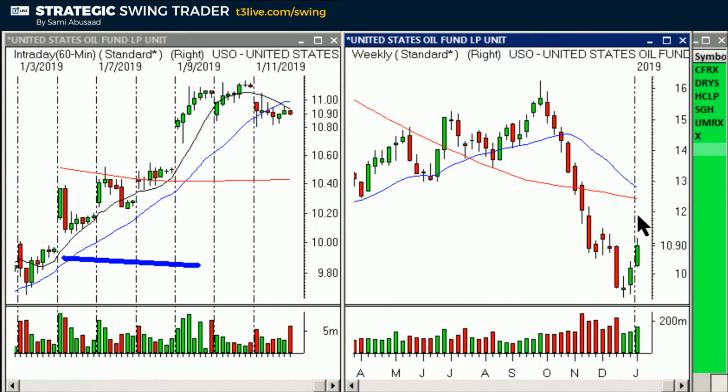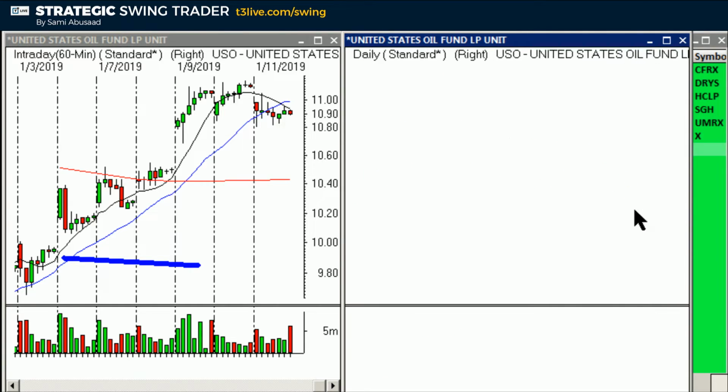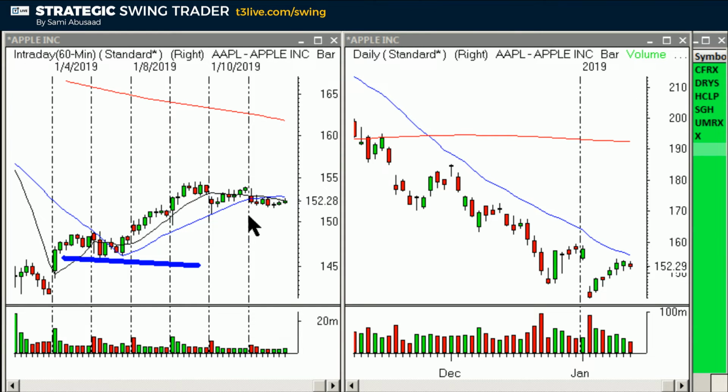Now that's not a lot more, that's another $1, but I'm also going to live through a pullback and hope that it doesn't break and then it puts in a higher low and moves back up, especially since it's above the 20. So this is much stronger than the Apple. But Apple, again, I'm just going to stick with it and see what happens. Probably I'm going to give back the back half basically. But that's okay. I already exited half at the top.